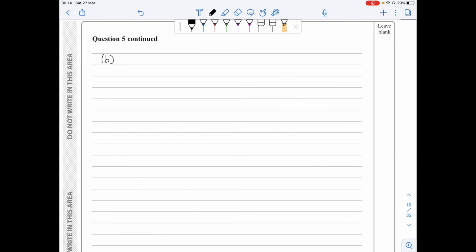For part B, I need to integrate (3x^-2 + 2/x + ln x)/x^2 dx. I have split my fraction into 3 individual fractions, and in this case, I've got limits between 2 and 4.